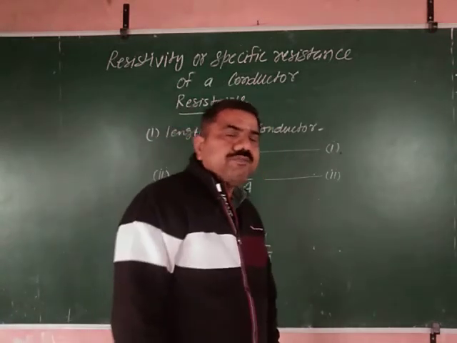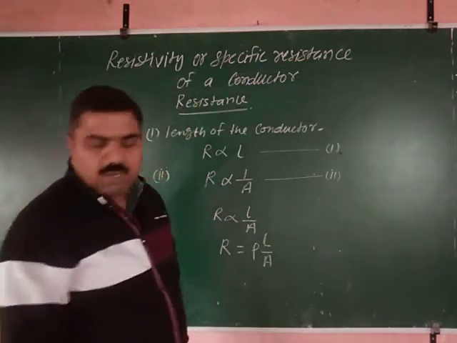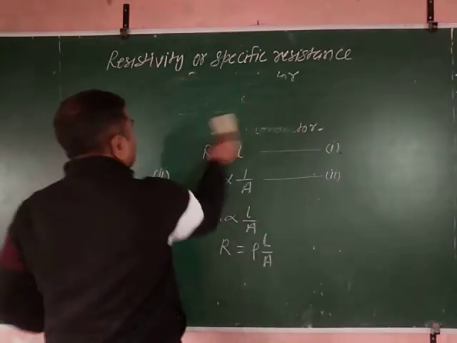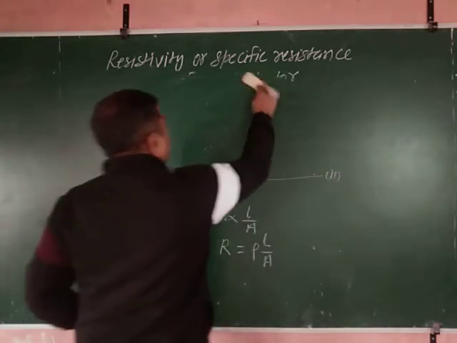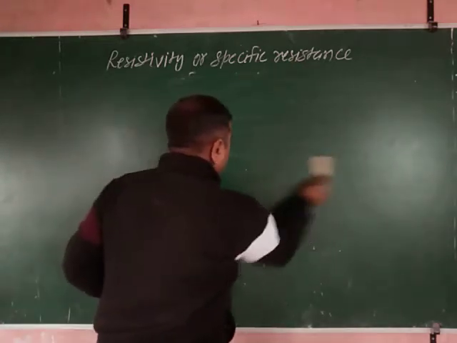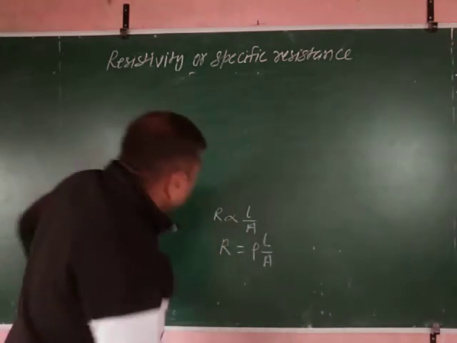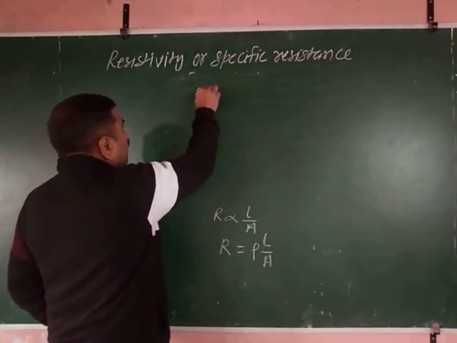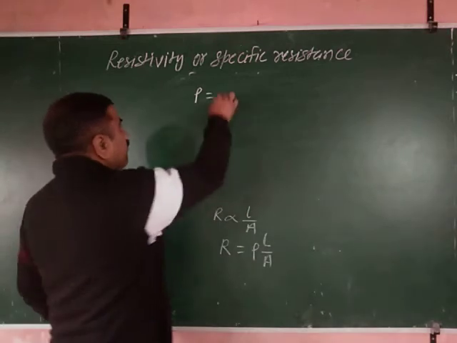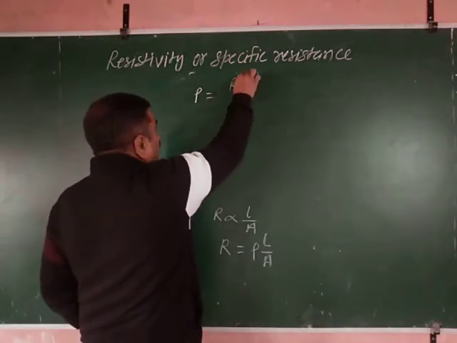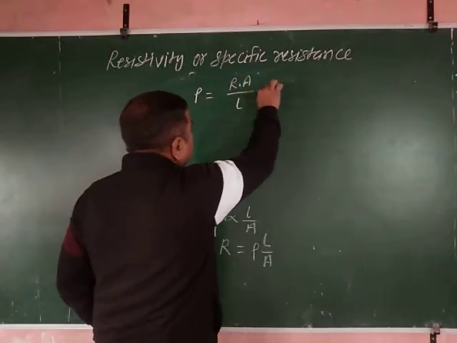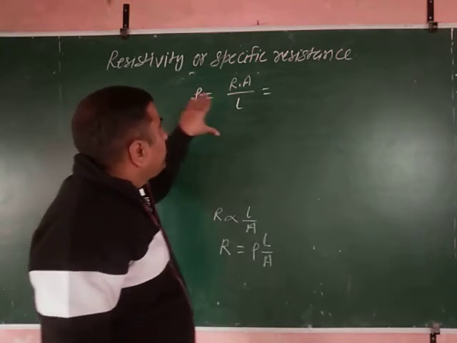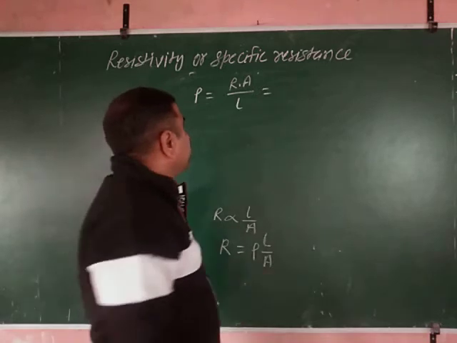Now we will talk about the unit of specific resistance of the conductor. From the equation we derived earlier, the equation for specific resistance will become rho equal to R into A upon L. To find the unit of specific resistance, we place the units of symbols used in the equation.